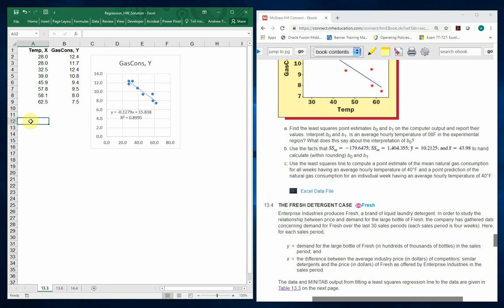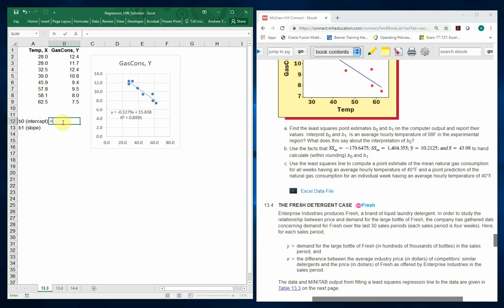You could also use B0 and B1. B0 is the intercept. This is the slope, or coefficient of the temperature.